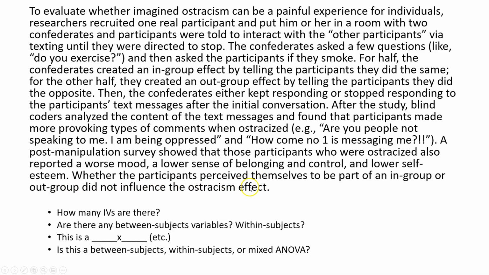So it actually didn't matter whether the Confederates said, yeah, we smoke too, or, we don't smoke. If they ignored the participant after that, they felt ostracized and didn't know why. And it didn't matter whether they were told that they were part of the out-group or the in-group. They just felt bad for nobody else texting to them.